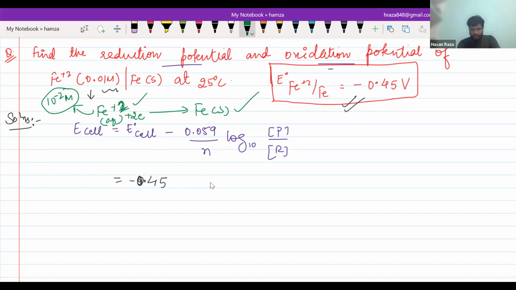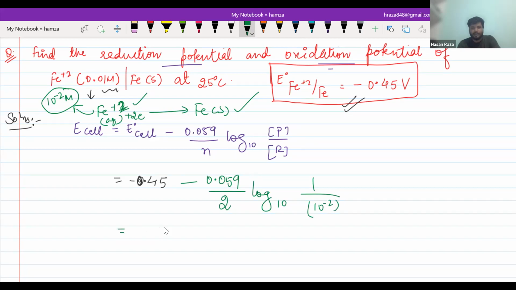Now see, minus 0.45, then 0.059 upon the number of electrons gained or lost. You can see two electrons gained, then log to the base 10. And what is the product? It is in solid state, so we just put one here, and the reactant is in aqueous state, which has a concentration of 10 raised to the power minus 2.